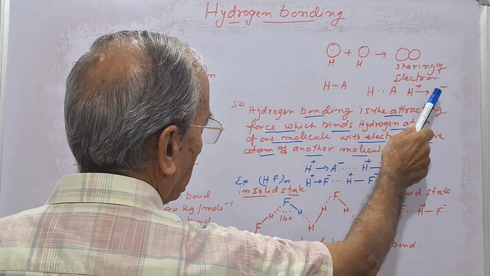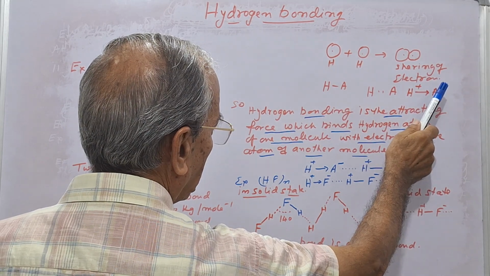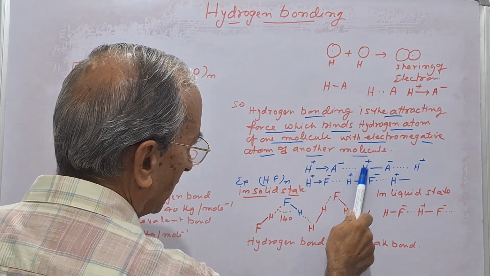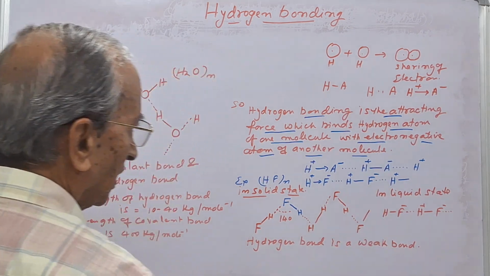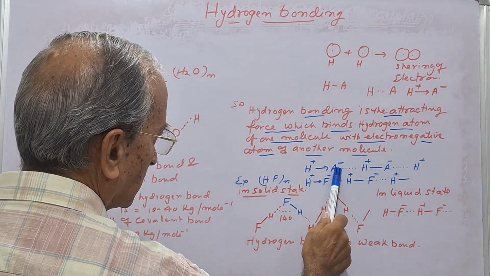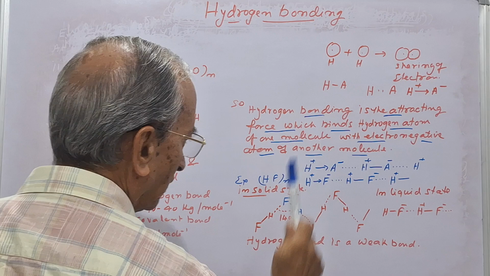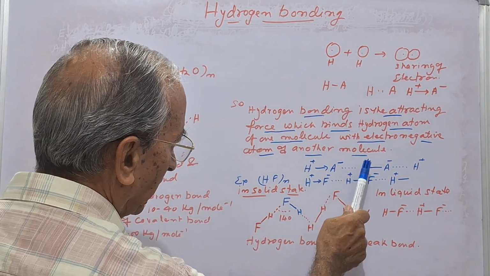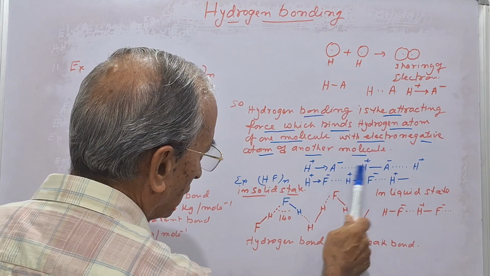Now this electronegative atom attracts the hydrogen atom of the other molecule to form a bond that is shown by the dotted line, that is the hydrogen bond. So we can say that the hydrogen atom acts as a bridge between the two atoms.